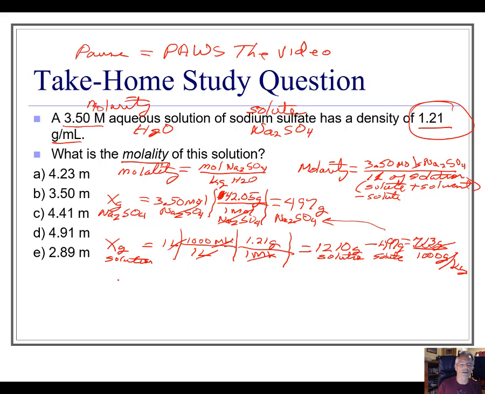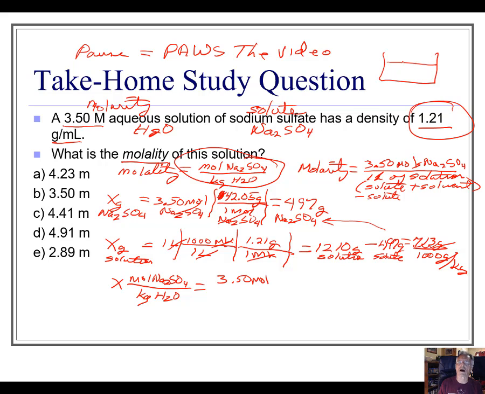Now I can go ahead and calculate my solution molality, and that's going to be X moles of Na2SO4 divided by kilograms of water, which is my solvent. That's going to be 3.50 moles. We are talking about a solution, so the concentration hasn't changed.